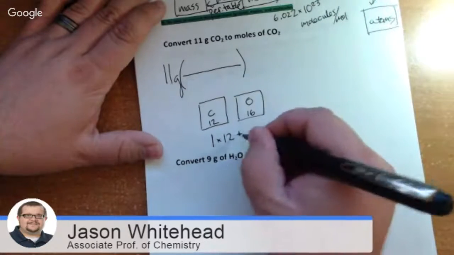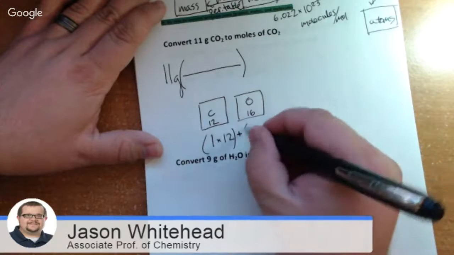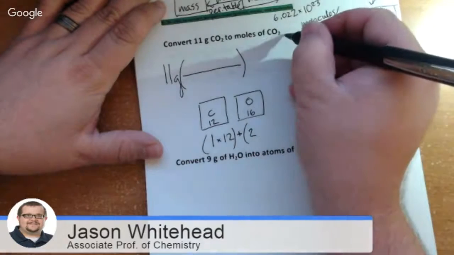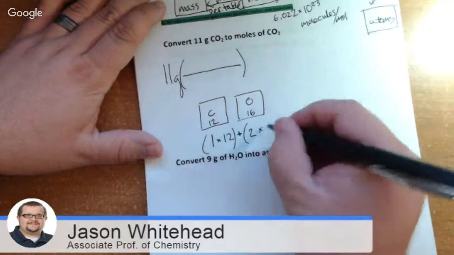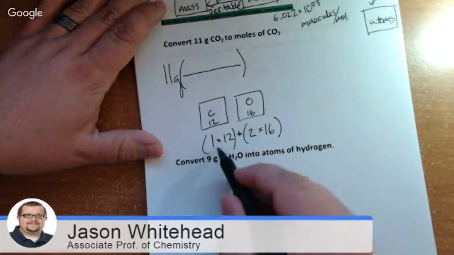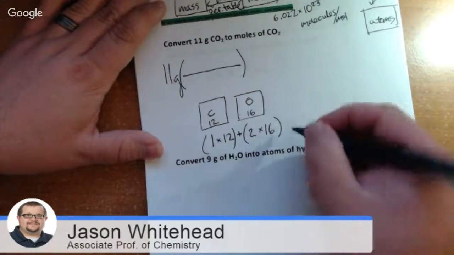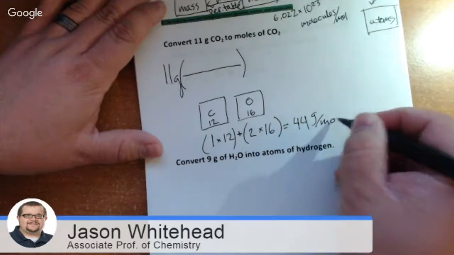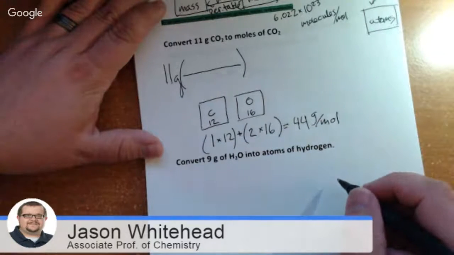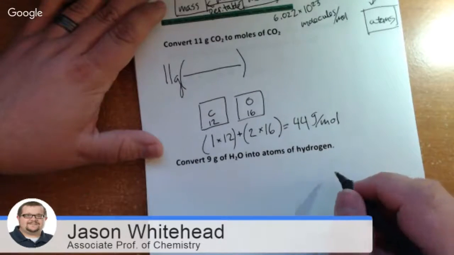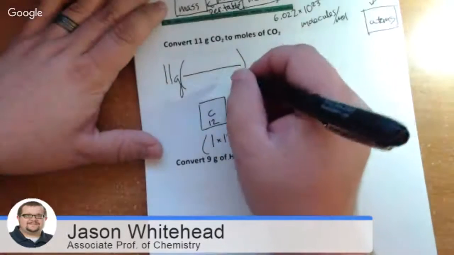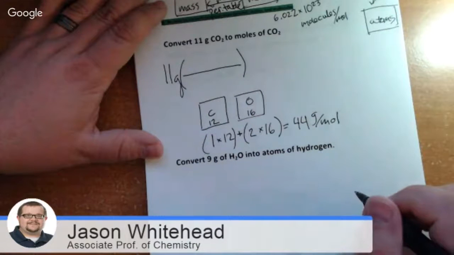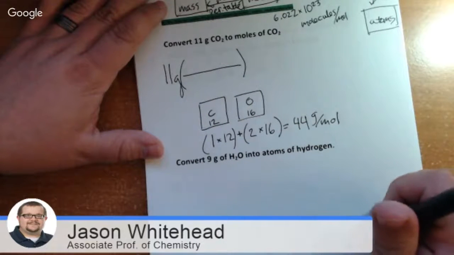I'm going to add to that 2 oxygens because it's CO2, and these are 16 apiece. 12 plus 32 gives me 44 grams per mole. This is our molar mass that we're going to need for this conversion. So my question now, where should the 44 go? Give me a vote. Should the 44 go in the top or the bottom?